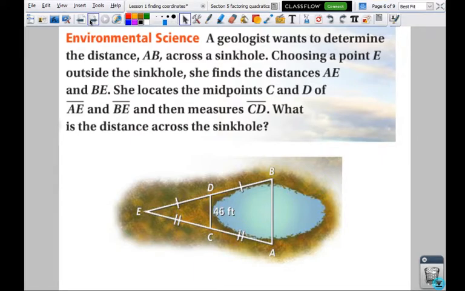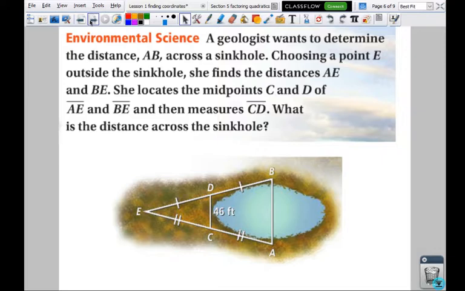All right. So, the reason this lesson is kind of nice is because you could actually use this in real life pretty easily. For example, if you're going to find the distance across something you can't really measure. In this example, we're finding a distance across a sinkhole. A geologist wants to determine the distance AB across the sinkhole. Choosing a point E outside the sinkhole, she finds distances AE and BE.